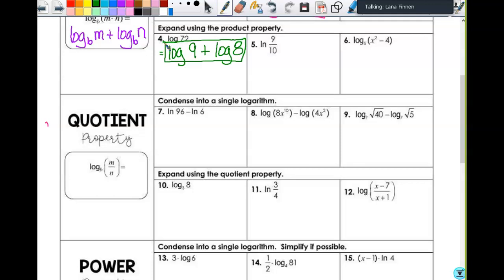What's another set of numbers that multiply to give me 72? 2 and 36. Oh, okay, I heard 18 and 4, and then I heard 2 and 36. I'm going to go with 2 and 36 just because I heard it first, but yes, that works too. So log of 2 plus log of 36.